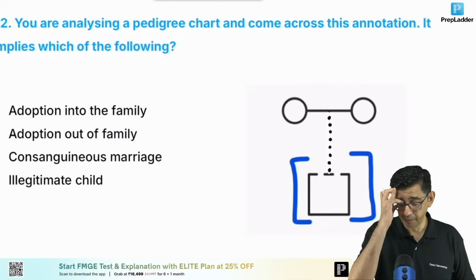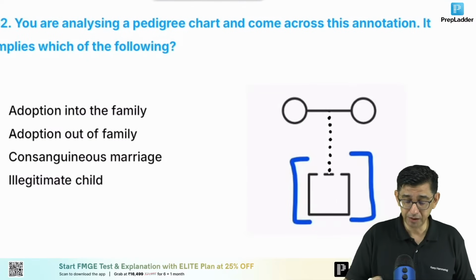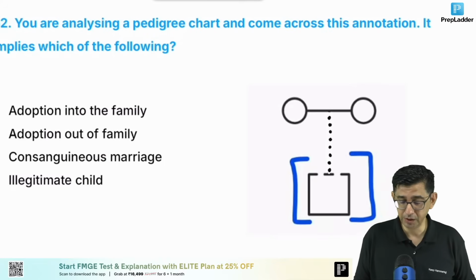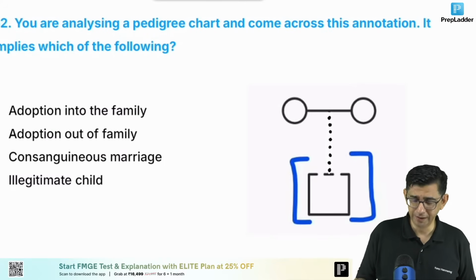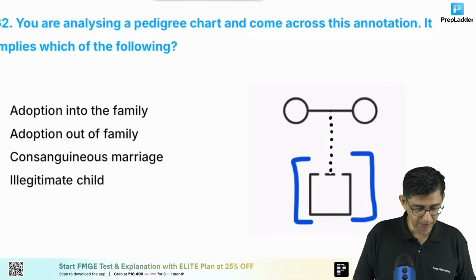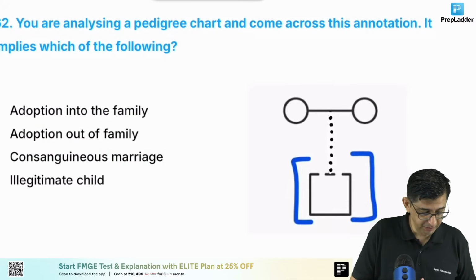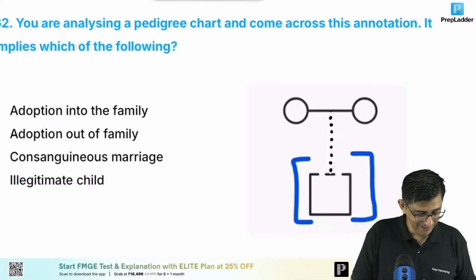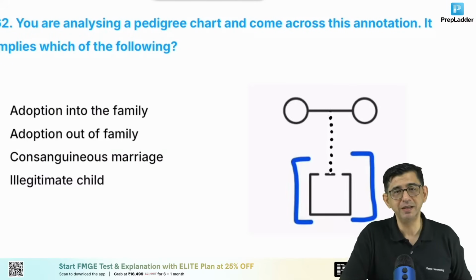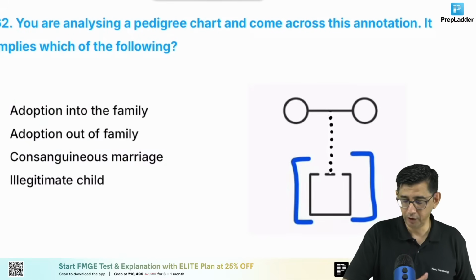You are analyzing a pedigree chart and came across this annotation which is present. You can notice that it's given dotted. Normally it's always a straight line, and in this case it's a dotted line which has been mentioned. So one is adoption into the family and second is adoption out of the family.